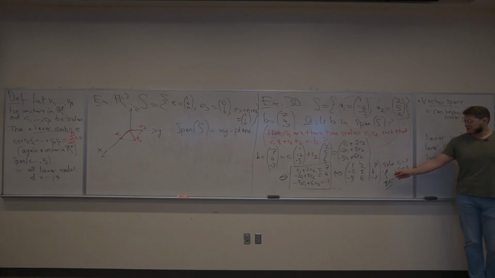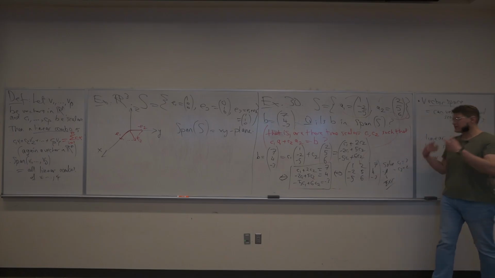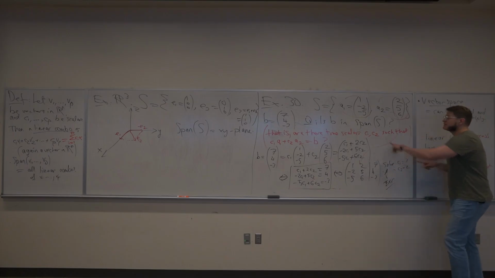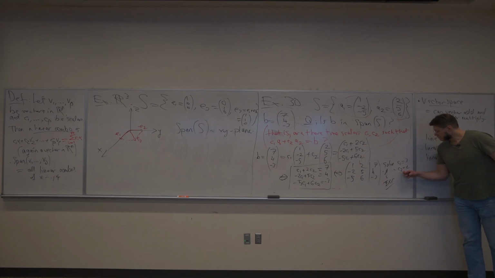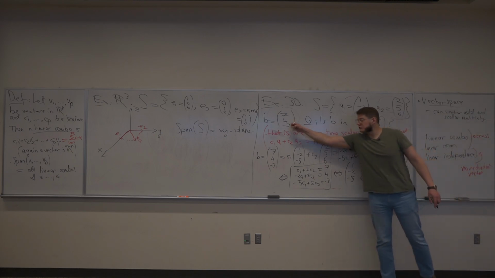Just like you can check whether or not certain numbers are really the solution, you just plug it in. In this case, what does plugging it in mean? Well, you just take 3 times a1, 2 times a2, and that linear combination should equal this.